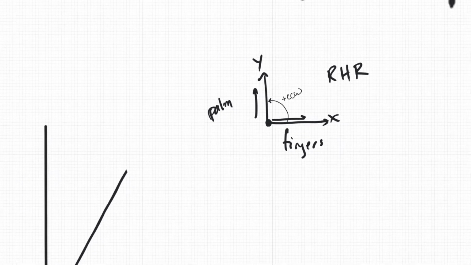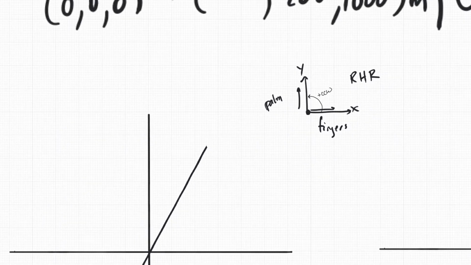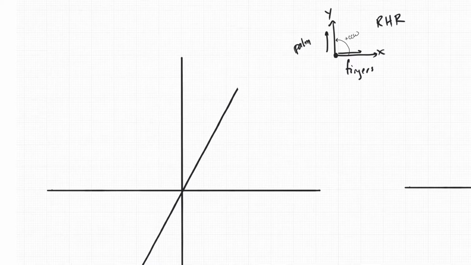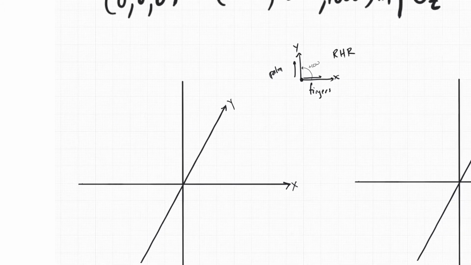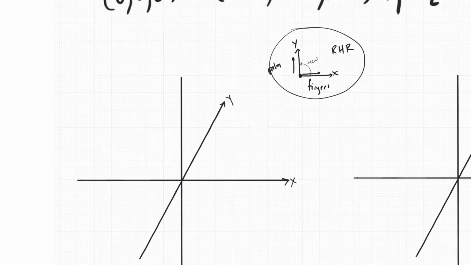Okay, so with that in mind, we're going to go down here, and when I name these axes, there's a correct way to do it. If I decide that this is x, which is what I'm going to do, and I decide that this is y, then I have to think about where is z. Is z up or is z down? Based on what I just told you, it should be obvious.